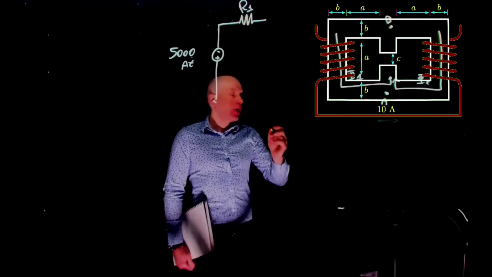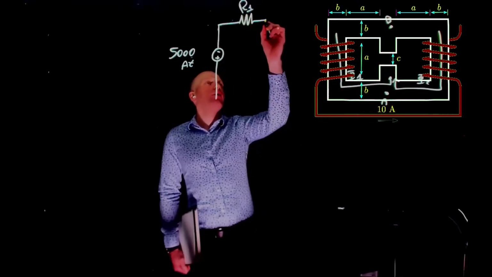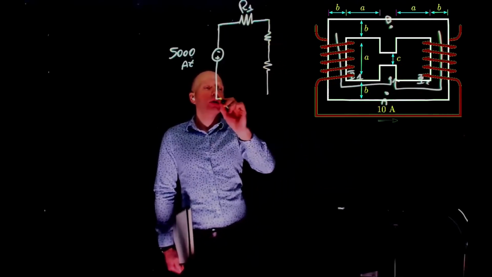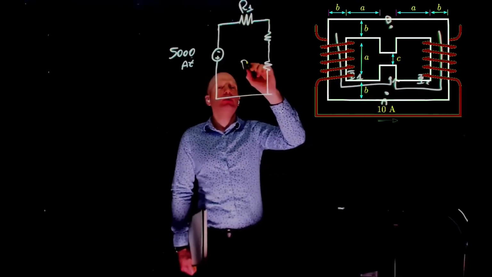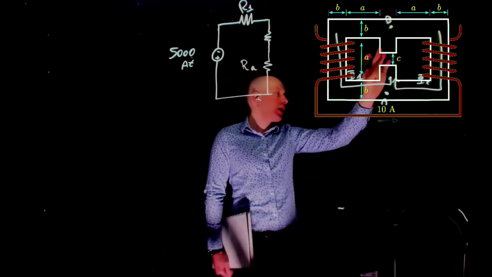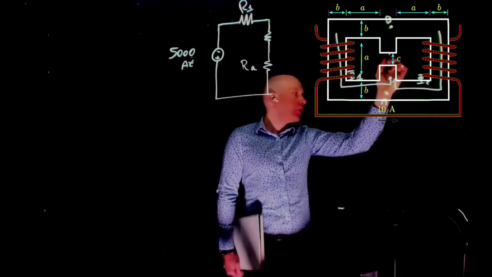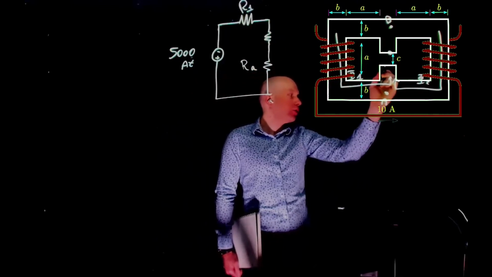What else do we have? Now we have this middle section here. This middle section will have 2 reluctances. One is for the gap, so let's call that reluctance A. This is just for the air gap. And the other one is from point B all the way here, and from point A all the way there.